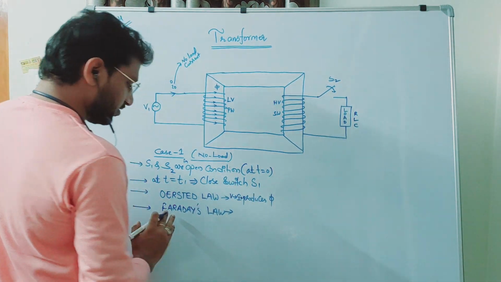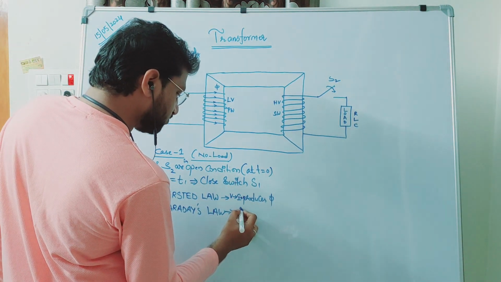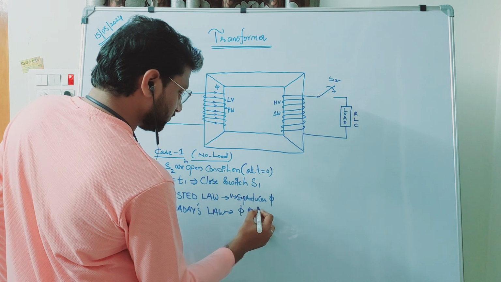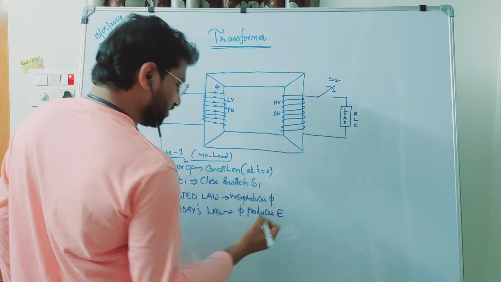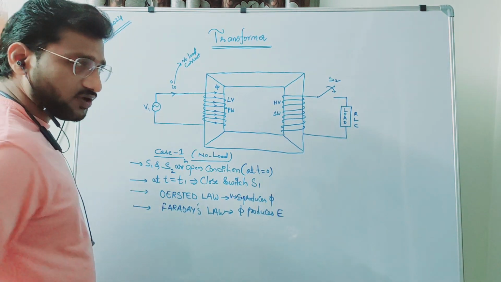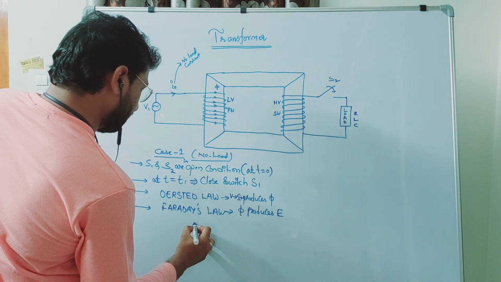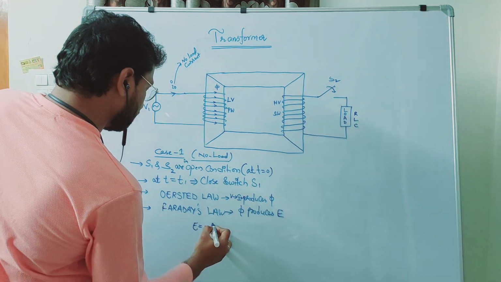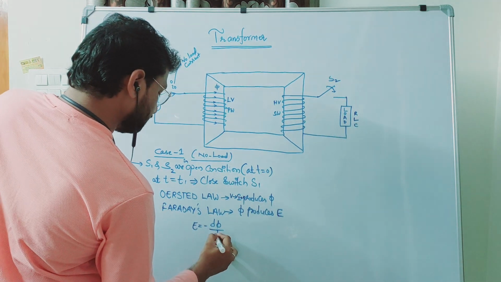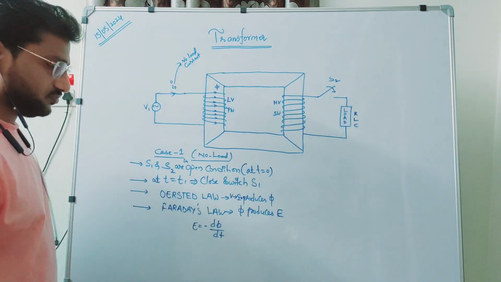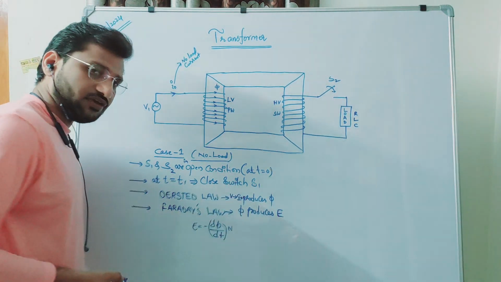The second one is Faraday's law, which is exactly the opposite. That means the flux produces voltage. The flux produces voltage, which I am calling EMF. That's Faraday's law. So as per Faraday's law, the EMF produced is equal to minus d phi by dt, and into the number of turns, that is N d phi by dt.